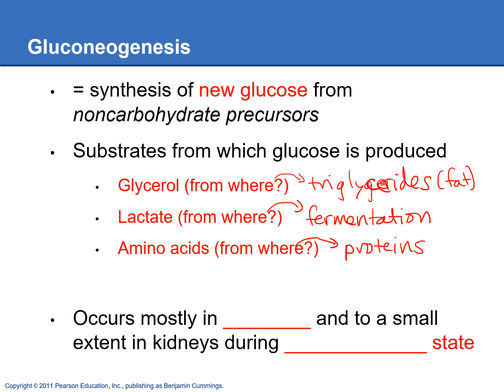All right, and so this gluconeogenesis is going to occur mostly in the liver and a little bit in the kidneys, and it's going to occur in what we call the post-absorptive state. And what the post-absorptive state is, this has been at least 3 hours since you've eaten, and your nutrients are starting to run low in your blood.